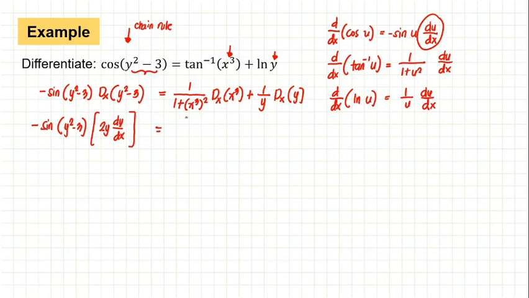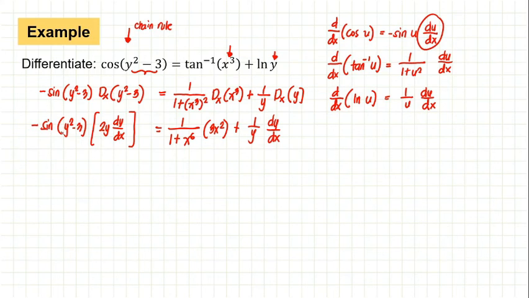Then equal to 1 over 1 plus x cubed to the power of 2, which is just x to the power of 6. Then the derivative of x cubed is just 3x squared, right? Plus 1 over y. The derivative of y with respect to x is just dy over dx. Okay? Then let's simplify further.